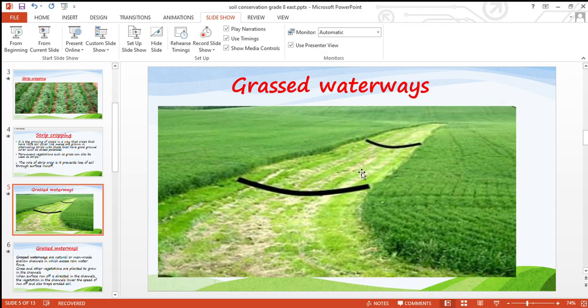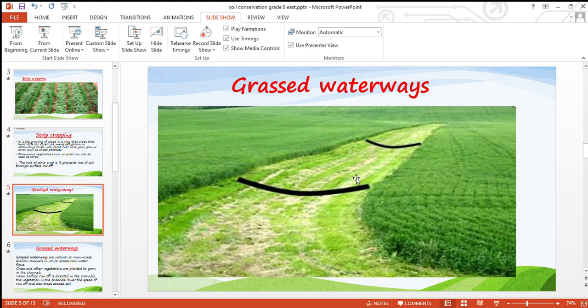Are we together, boys and girls? Yes. As you can see, the areas highlighted in black are the grass waterway. And we have said that it can be natural or man-made, planted by a man, or occurring naturally in the waterway. Are we together? Yes.